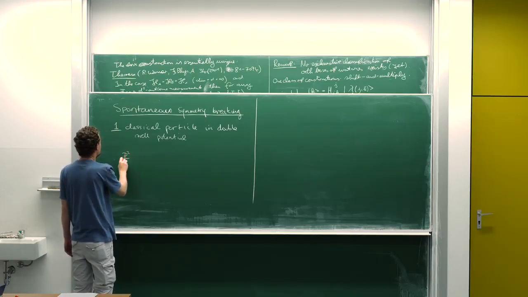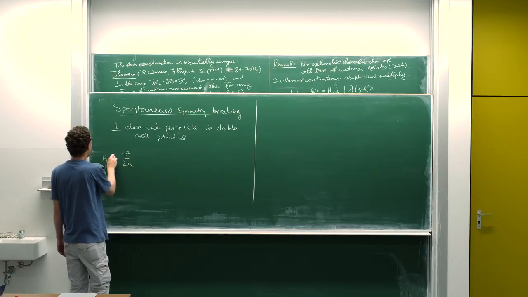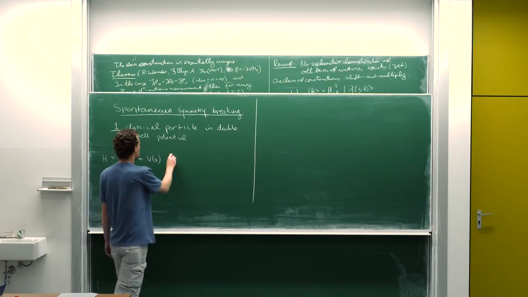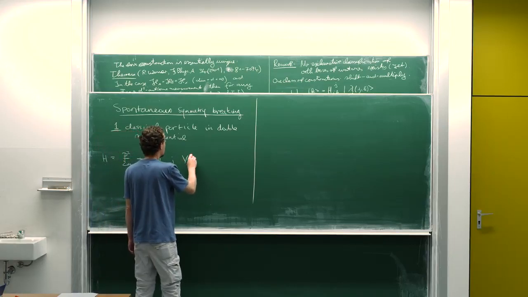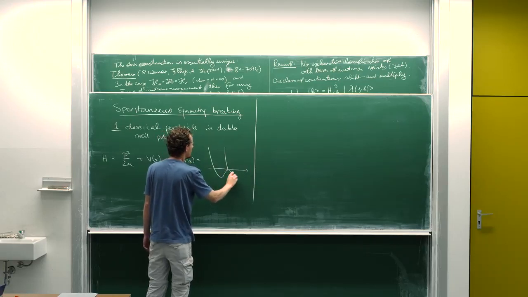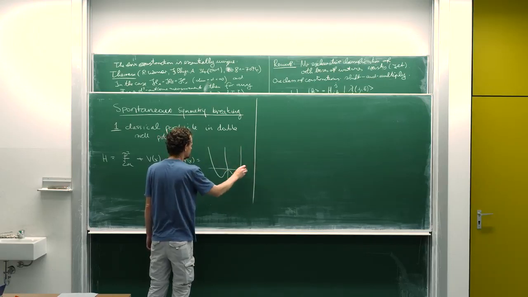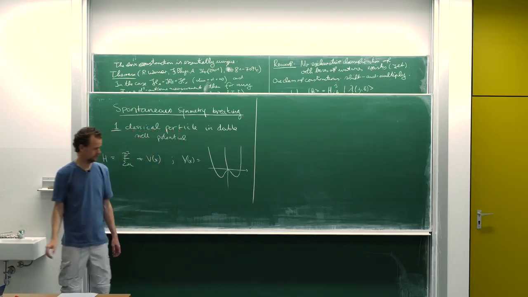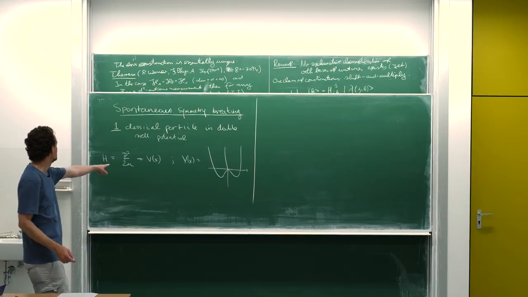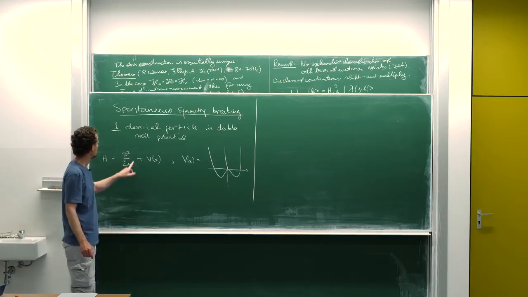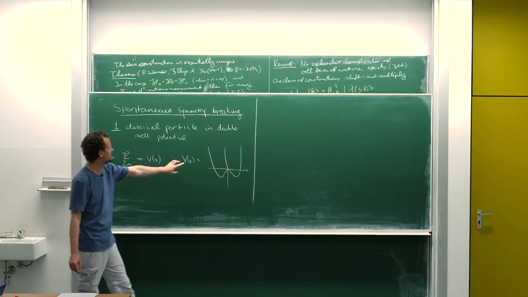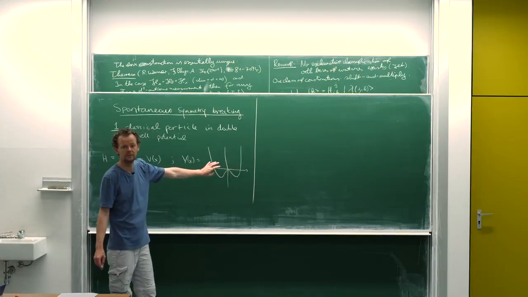So here the classical Hamiltonian for this system, let's take it to be a single non-relativistic classical particle in some potential, and let this potential be this double well potential like this.